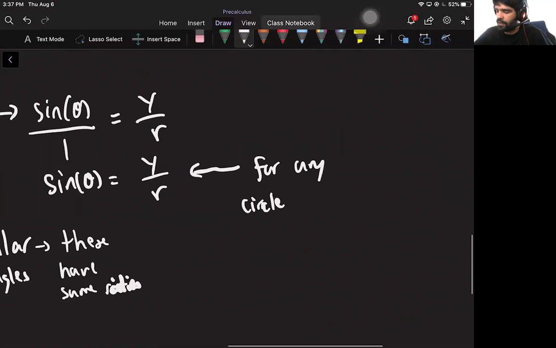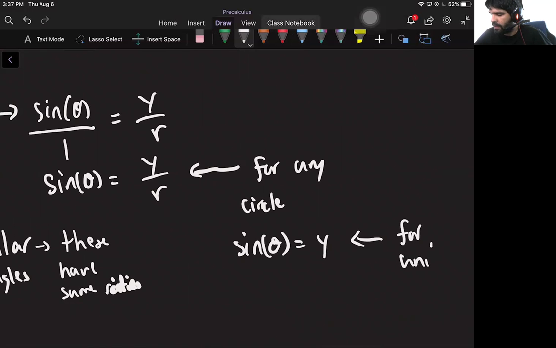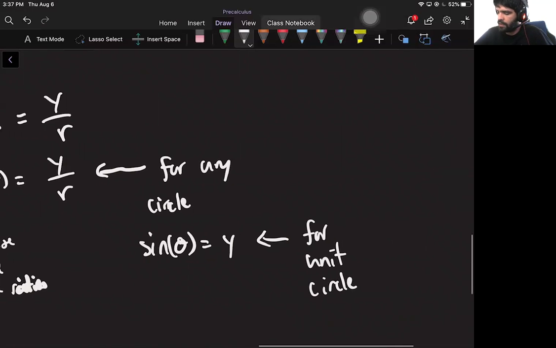But if you're specifically on the unit circle, it's just y. But that's not a contradiction, because what's the radius of the unit circle? That's r equals 1 anyway.